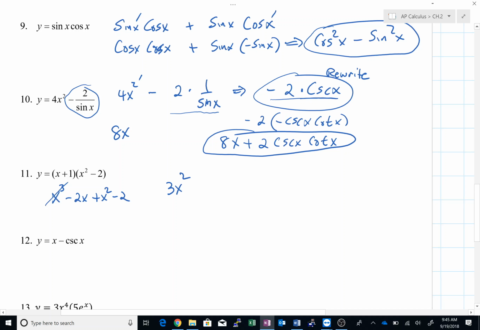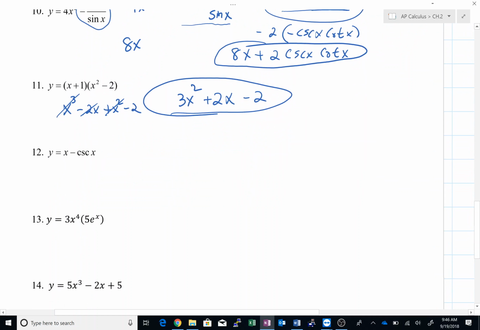I'm going to do the x squared next, plus 2x, just to do descending powers, and then minus 2. And then minus 2, the derivative of that is 0, so there's my derivative. A lot easier than product rule. Because you notice the product rule, you're differentiating twice. You have to do the derivative first, got a mess. Plus, derivative second, got a mess.